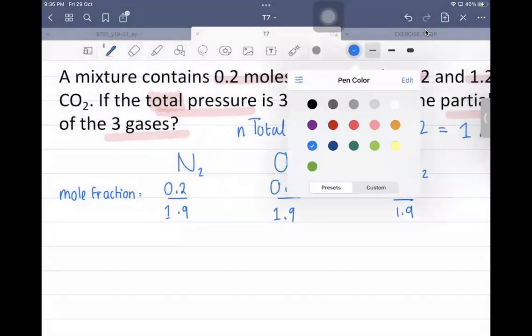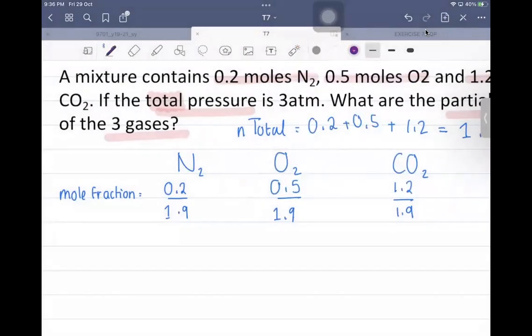So partial pressure, P. Okay, so you take mole fraction times capital P total. So that's your total pressure.